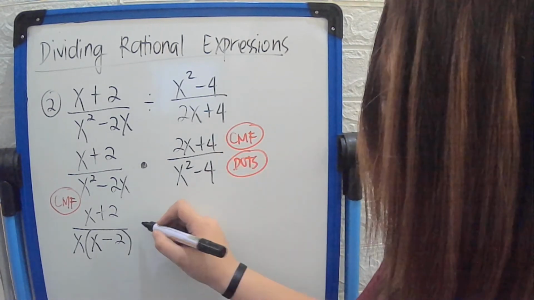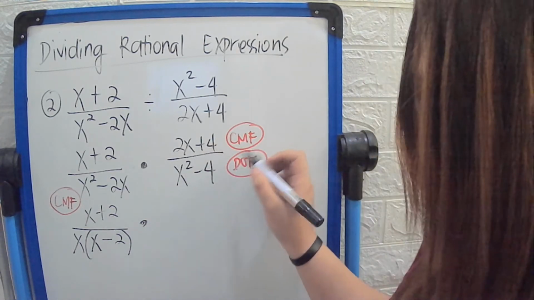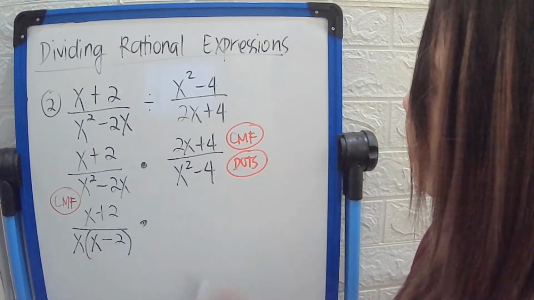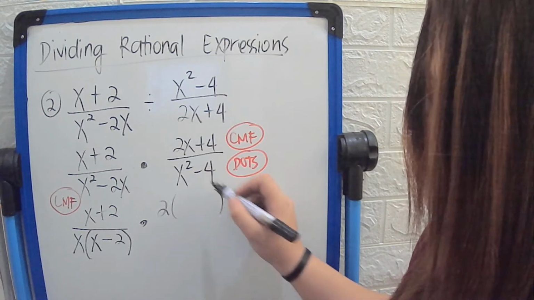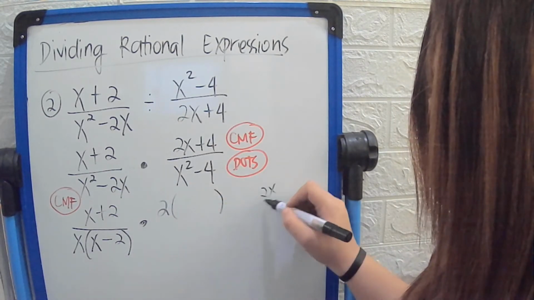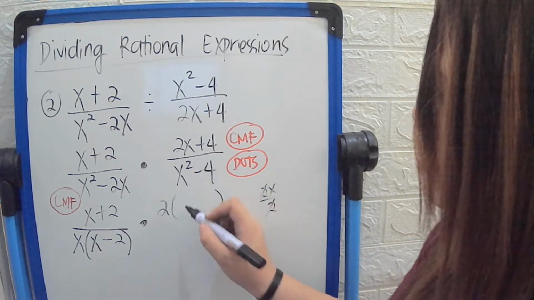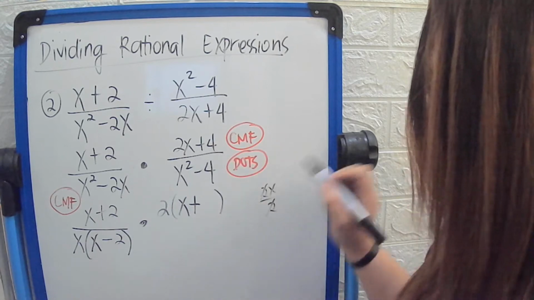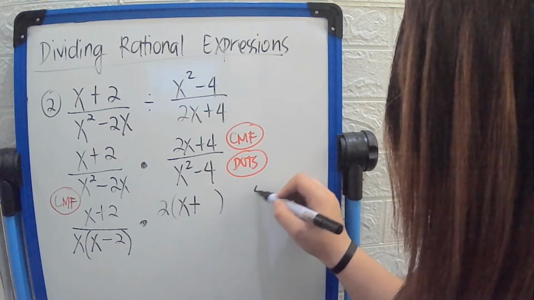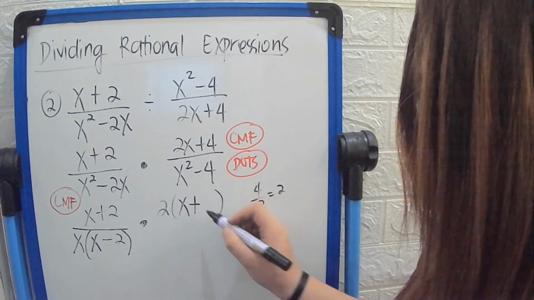Now, let's have this part. So again, applying CMF, for 2x and 4, the common factor is 2. If I divide 2x by 2, you will be left with x. So put x here, then plus. For 4, you divide 4 by the GCF, so 4 divided by 2 is 2. So you put 2 here.